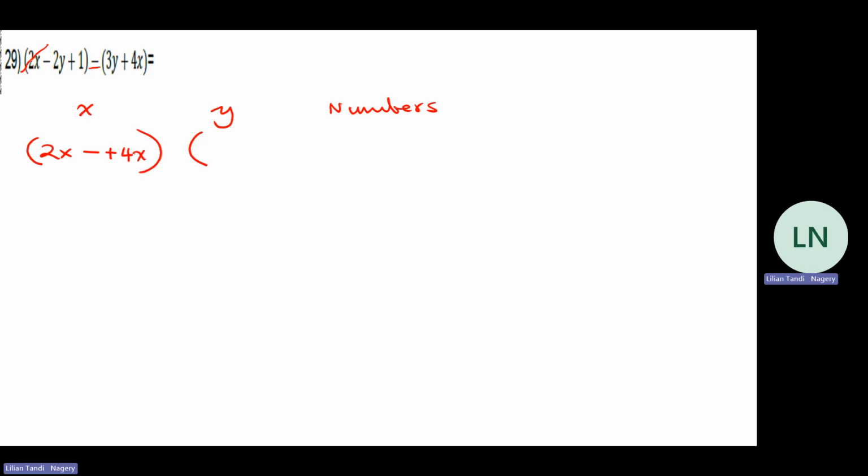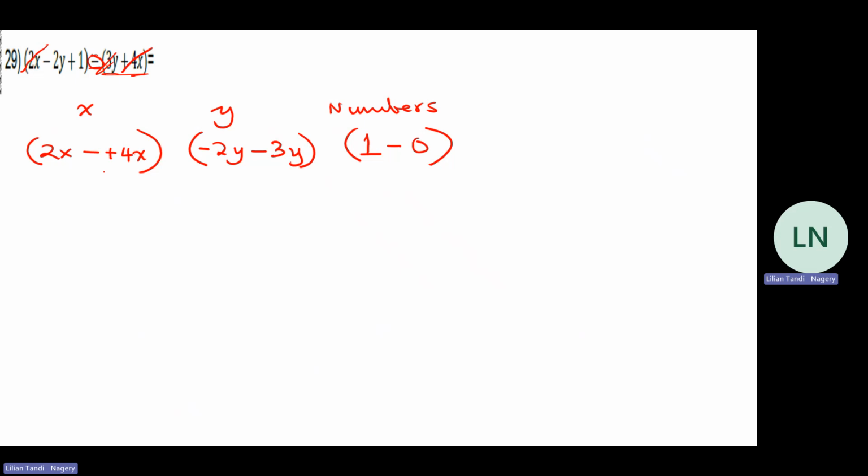I come here. I have used it. I cross it out from there. I start with my y. It is negative 2y. I am subtracting. This says subtract. Who am I subtracting? Positive 3y. Then I do my numbers. Positive 1 minus. There is no number on this bracket, so 0.